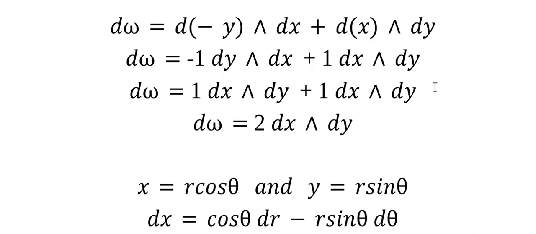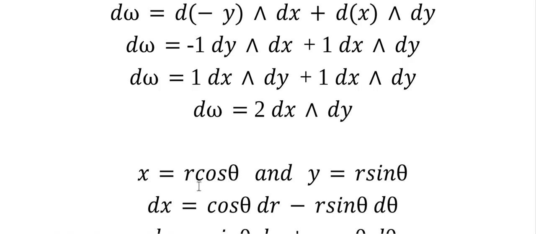Now we've already done this, but we parameterized x and y. So we need dx and dy, right? So for dx, we take the derivative of x with respect to r, and the derivative of x with respect to theta.